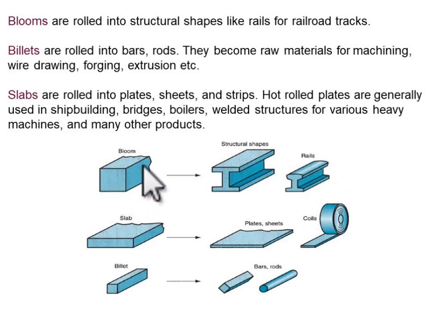The dimensions of this bloom were mentioned in the earlier slide, and this is what we call a slab. A slab is nothing but a sheet with a certain thickness, basically used for making thin plates or coils. And these are the billets. A billet is a long structure with a square cross section, basically used for making bars or cylindrical rods. So these are the specimens that we use in rolling operation.